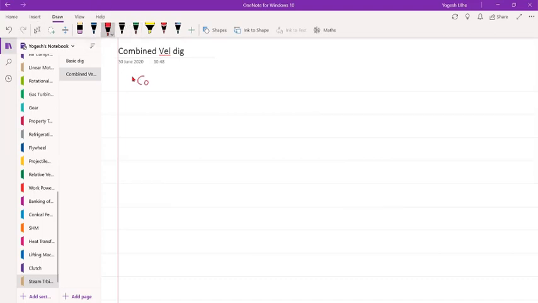Everyone give the heading, combined velocity diagram.